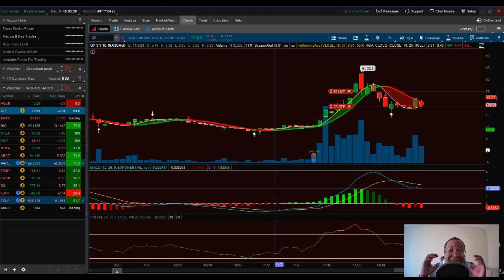So you have to train your mind to accept that once you're out, that's over. Don't even think about the trade that you just did. Focus on the next trade. And if it means going back into that stock because it's still performing and still going in the direction you want, then do it.